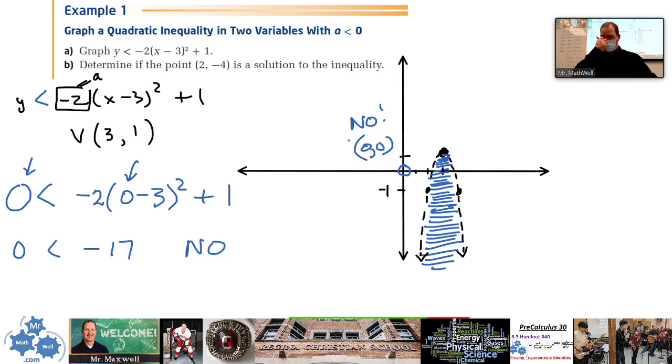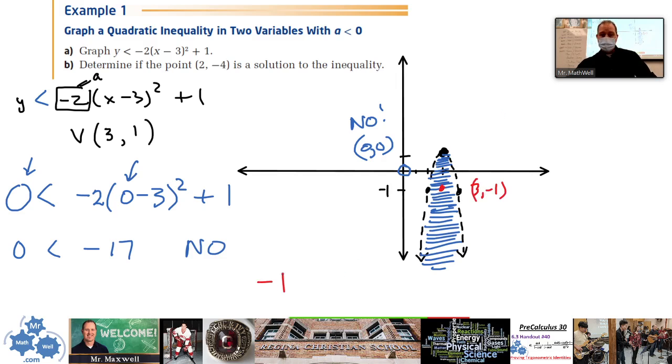All right, so what you can do as well, because it's always good to double check and to test the affirmative, is pick a point that we know is in here, and just make sure that we didn't do something wrong with our algebra. Because if you get something wrong, it's good to double check. So 3, 1 is the vertex. Let's try 3, -1, okay? 3, -1 should be underneath this parabola in the solution region. So let's just check that out.